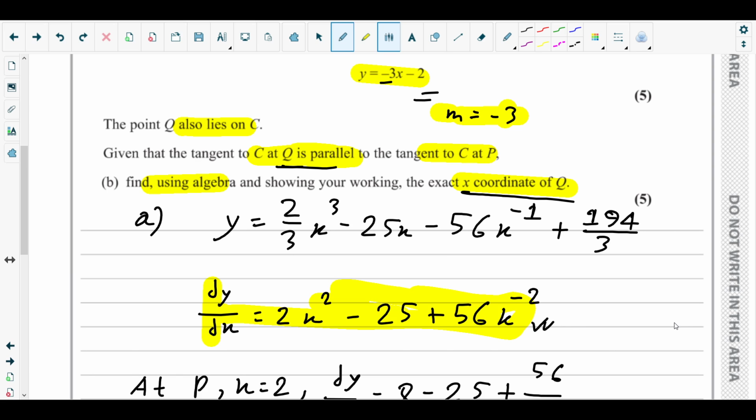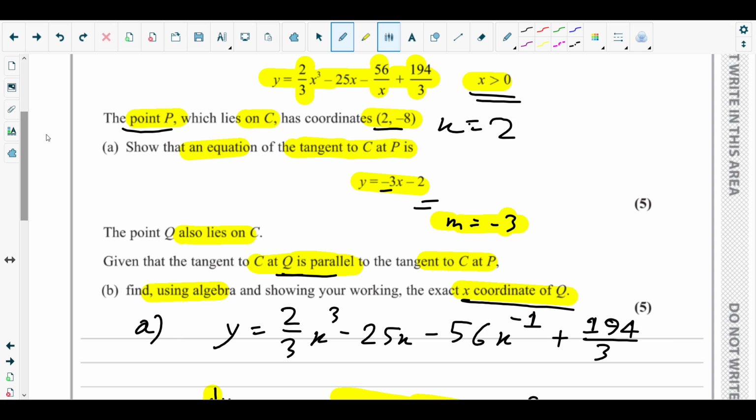Okay, so basically if you have considered the equation of the tangent, then we would at first find the equation of the tangent to C at point Q. Or there would be another problem: at point Q you would not be able to find the equation of the tangent because the coordinates of point Q are unknown.